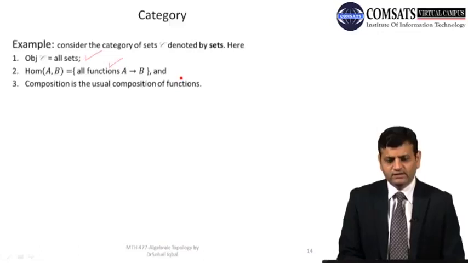The third component of this category is the composition, and we take it to be the usual composition of functions.